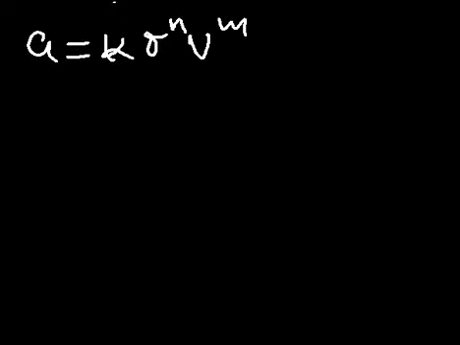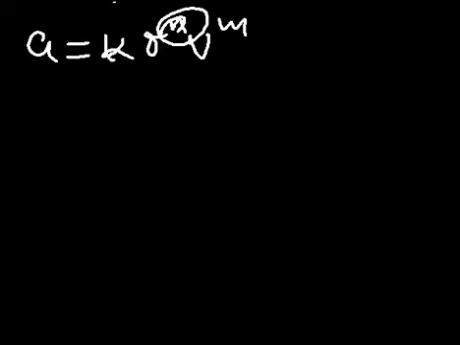So keep that in mind. And how about if, let's say, we have this case: acceleration is equal to k times r to the power n times v to the power m.